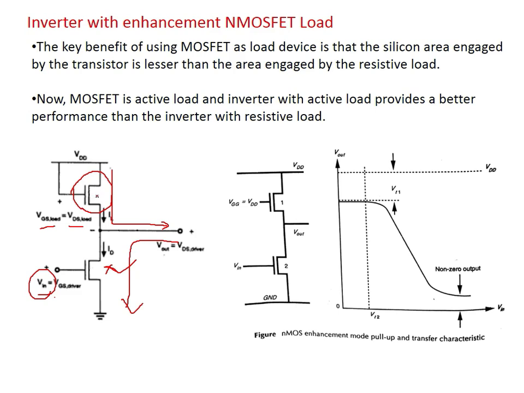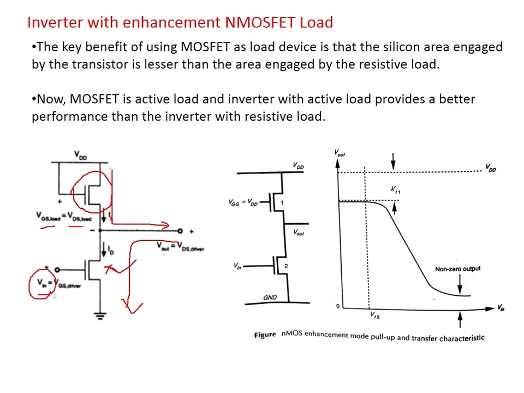To develop the channel, it requires some voltage, that is the threshold voltage. So that much of a drop will occur across this enhancement mode MOSFET. That's why the output is not equal to VDD, it is equal to VDD minus the threshold voltage across this transistor, that is VT. So VDD minus VT.